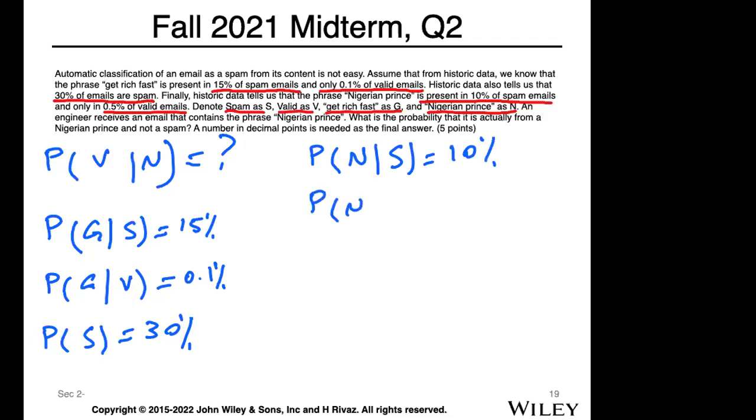So the probability of Nigerian prince in valid email is 0.5%. So that's it, the question is almost solved.